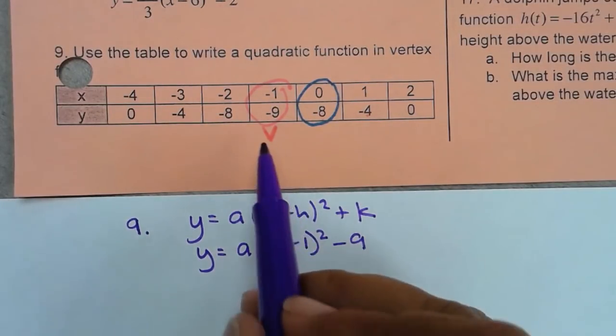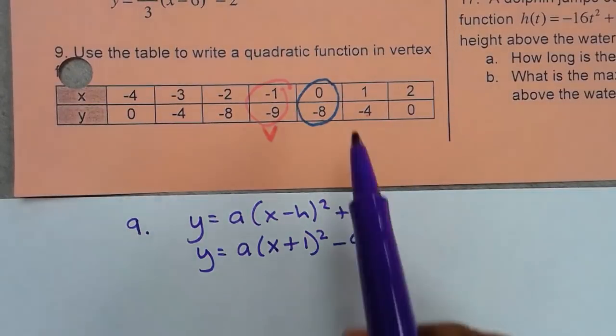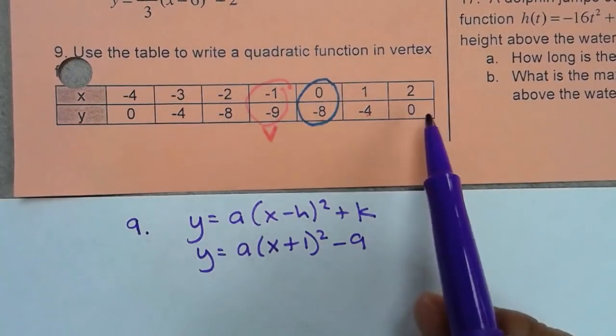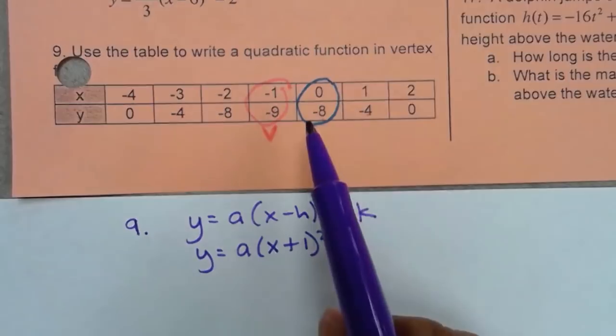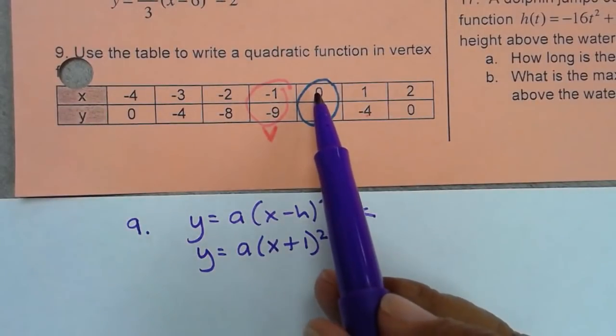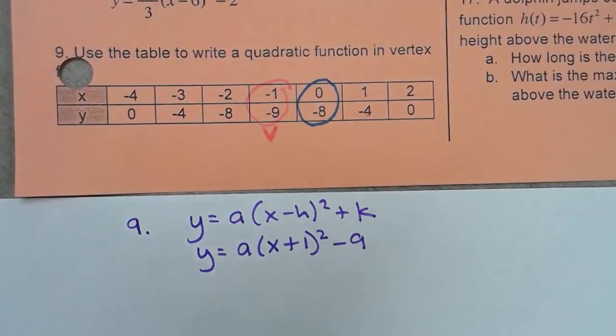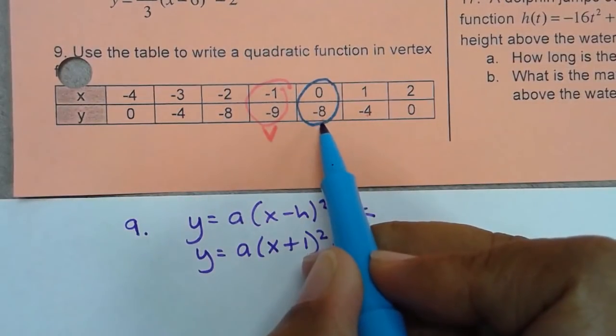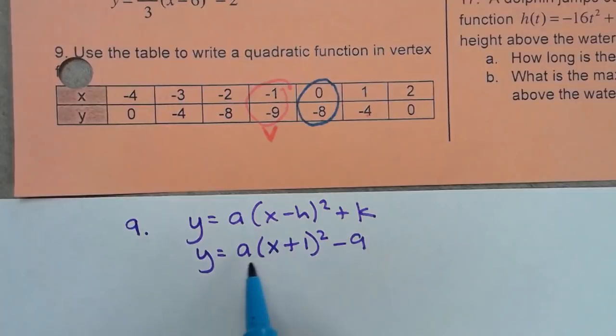So that's just plugging in the vertex. Now I have to pick any point I want, and it's going to be the same answer no matter what point you pick. I like using the number 0 because sometimes it just cancels out numbers. So I'm going to go ahead and plug in the 0, -8 for x and y, so I can solve for a. That'll complete my equation.